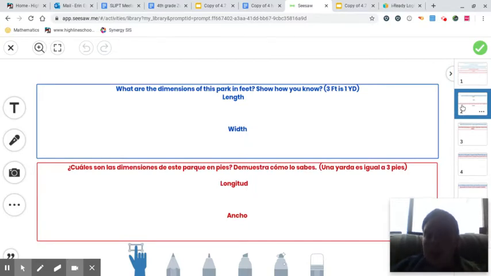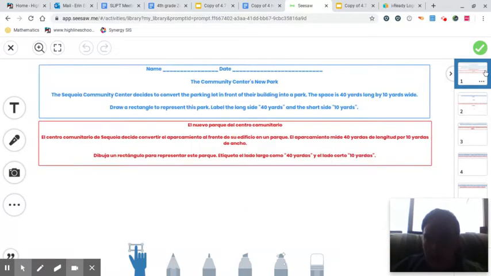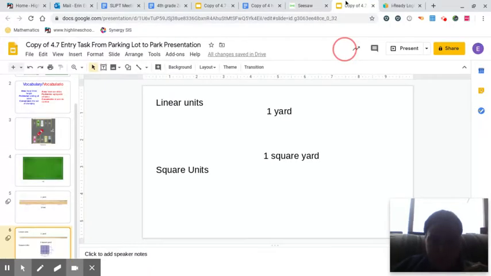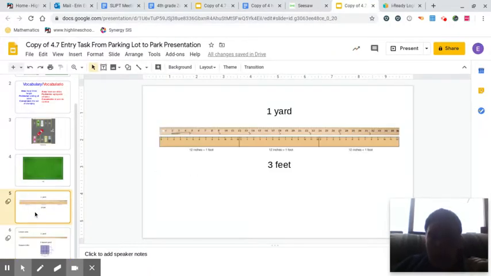The second question says, what are the dimensions of this park in feet? So if you go back to the first question, it told you in yards. But if you remember, one thing we talked about was there are 3 feet in 1 yard.